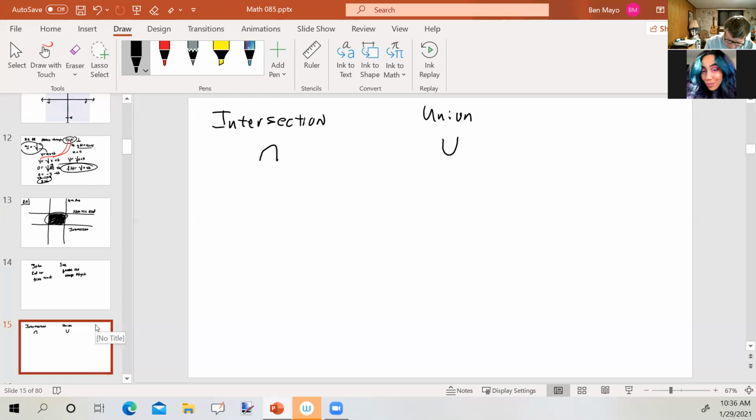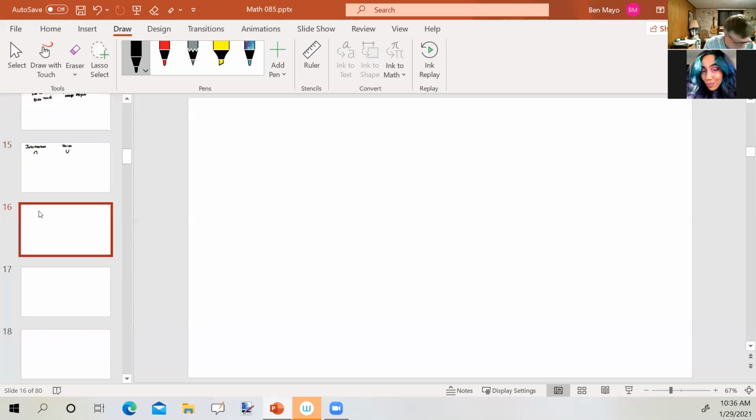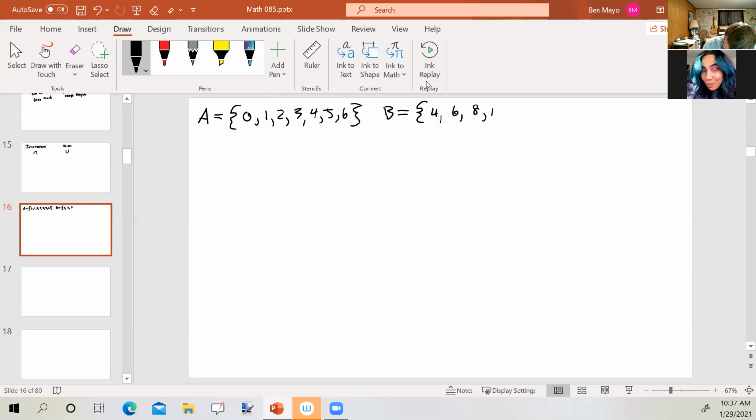And let's say we have the following information. Let's say that set A equals 0, 1, 2, 3, 4, 5, and 6. So set A contains the elements 0, 1, 2, 3, 4, 5, and 6. Set B contains 4, 6, 8, and 10.